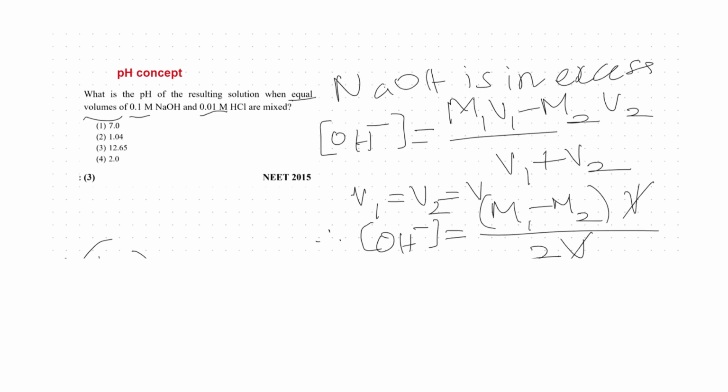Okay. So, from OH minus ion concentration, if you do the calculation, you will get it as 0.045. From OH minus concentration, you can calculate pOH, which is minus log of OH minus ion concentration. If you do that, you get pOH as 1.35.